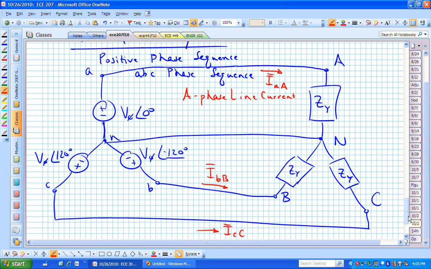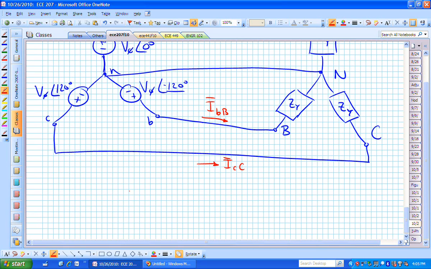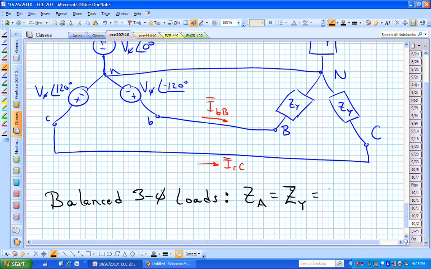We're giving ourselves balanced three-phase loads, meaning Z sub A is this Z sub Y, which is Z sub B and Z sub C, which I guess if I wanted to go with a little bit more notation, I would say Z sub An, Z sub Bn, etc.